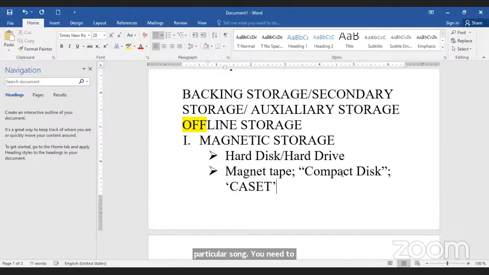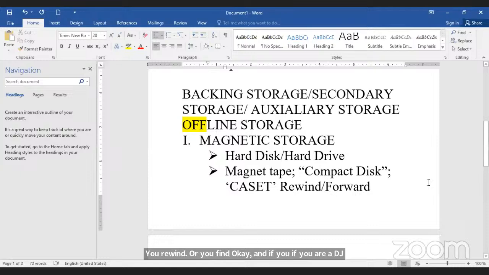We have those tasks that for you to go back to a particular song, you need to rewind, or you forward. And if you are a DJ, if rewinding and forwarding takes time, you take out the cassette, you take a pen, you rotate it, you know where the songs are located, then you play.